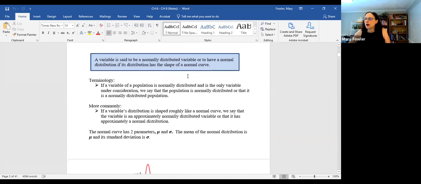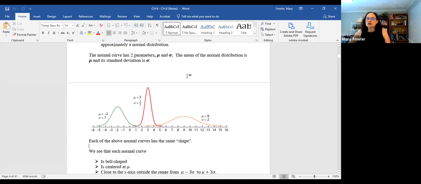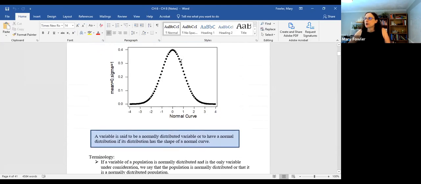That's probably more common. The normal distribution has 2 parameters. It has a mean mu and a standard deviation sigma. In this case, the mean is 0 and the standard deviation is 3, which we can see because the curve hugs the x-axis to the left of -3 and to the right of +3.